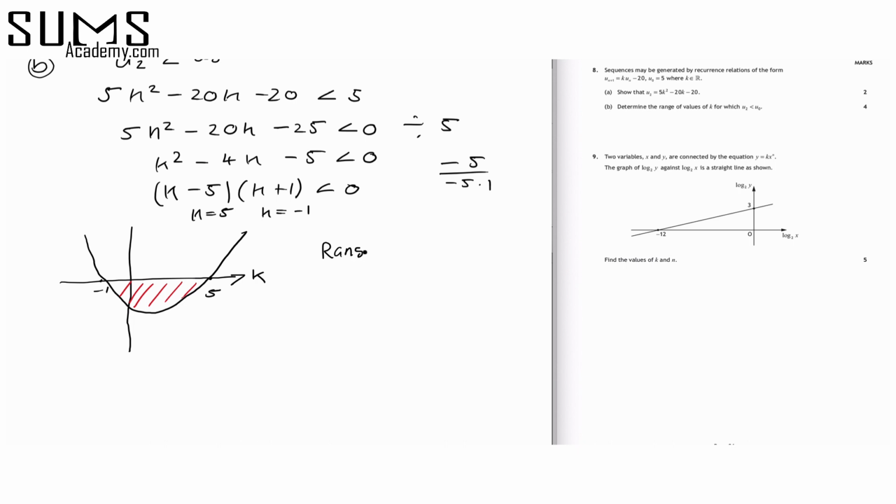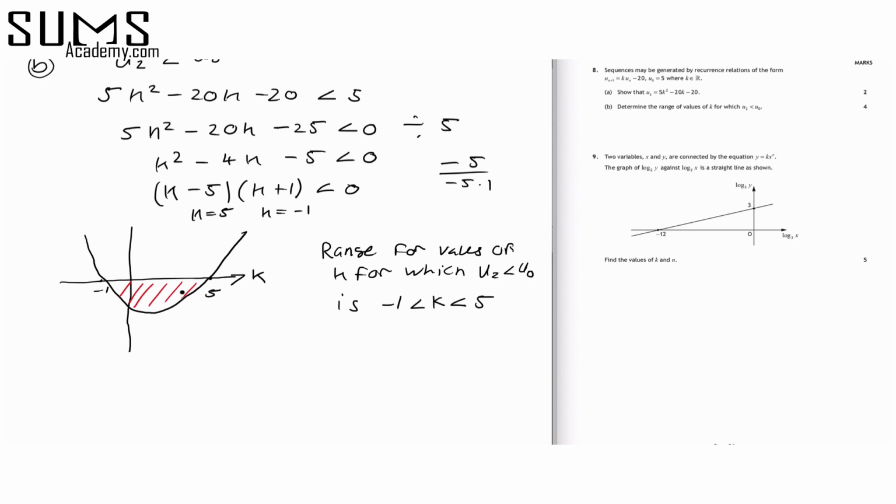Range for values of k for which u_2 is less than u_0 is k lies between -1 and 5.